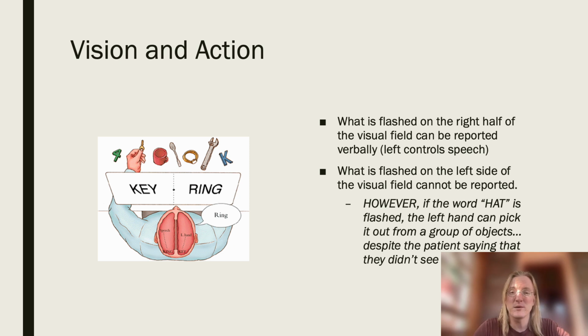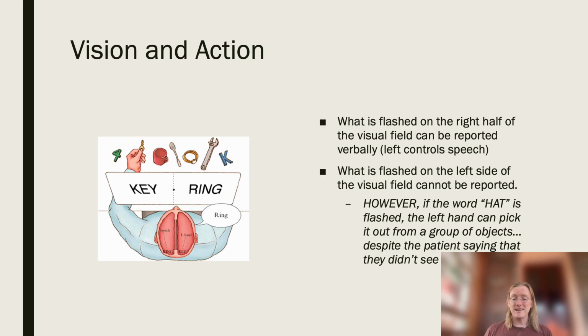And in experimental conditions, this split of the left brain and the right brain can cause very strange effects. So for instance, if the word, as we can see in this image, ring, is flashed on the right side of the screen, the right eye sees it, which is processed by the left side of the brain, and recall that the left side of the brain processes language, so the patient will say, "I saw a ring."